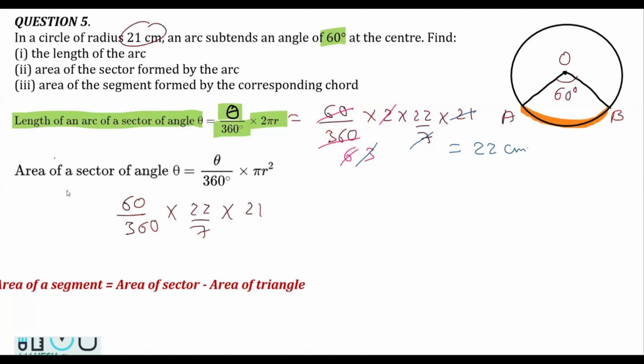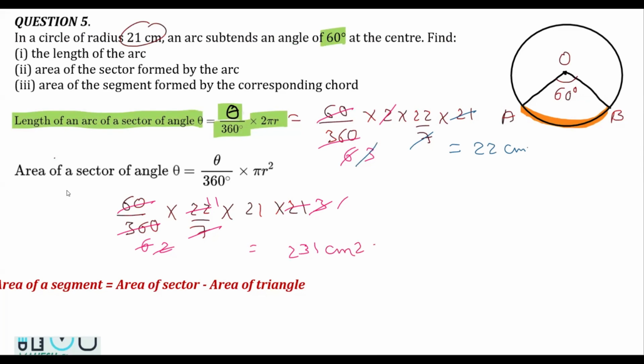R is 21, so it's going to be 21 into 21. Here too I can see 7 1 times, 7 3 times get cancelled. This is divisible by 6 times. So now 3 1 time and 3 2 times, 2 1 times and 2 11 times. So now we get 21, 1 plus 2, 3, 231, right? So what I did, I multiplied 21 with 11. So we got 231, and this would be centimeters square.